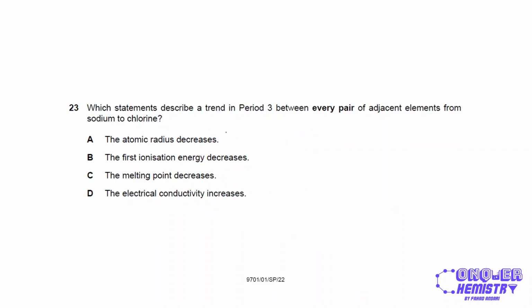Which statements describe a trend in period 3 between every pair of adjacent elements from sodium to chlorine? So option A is straightforward.